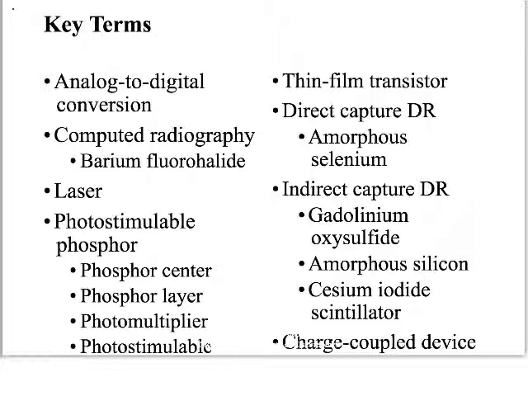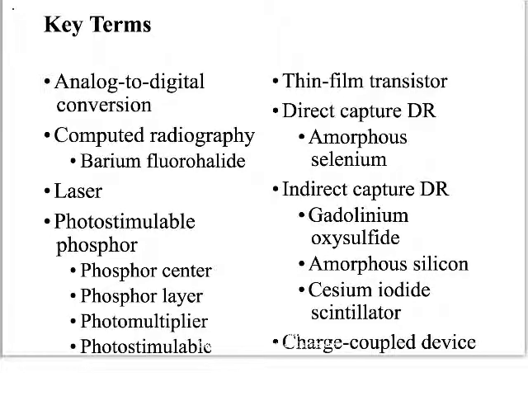Then there's direct capture, sometimes abbreviated DR, and it uses amorphous selenium. And then there's indirect capture, which the most commonly used thing is either cesium iodide or gadolinium oxysulfide. These are scintillating crystals. They make light, so when X-rays hit them, they make light. And then that's passed through amorphous silicon.